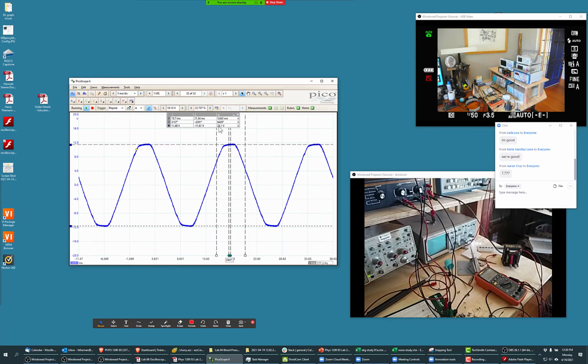They have to assume that when you input an AC signal, it's assuming it's a sine wave. Okay. So make sure you're writing this stuff down.